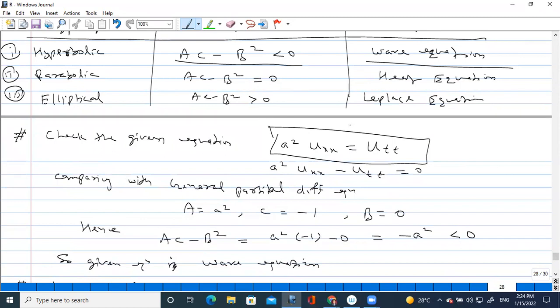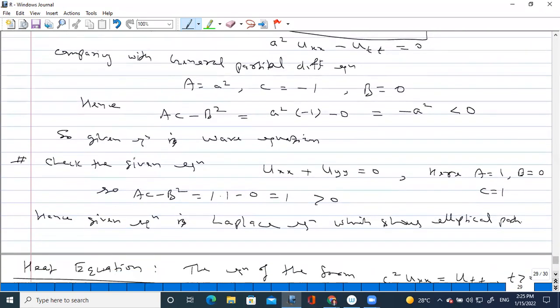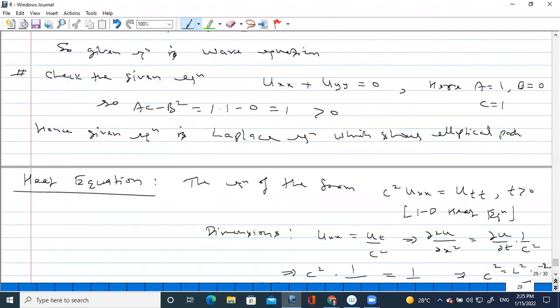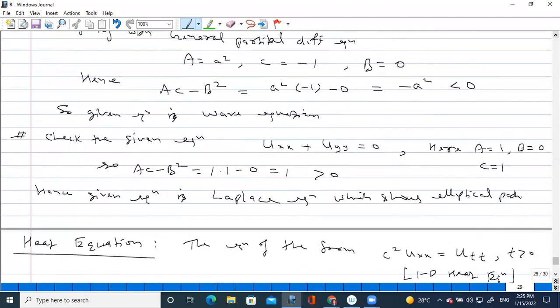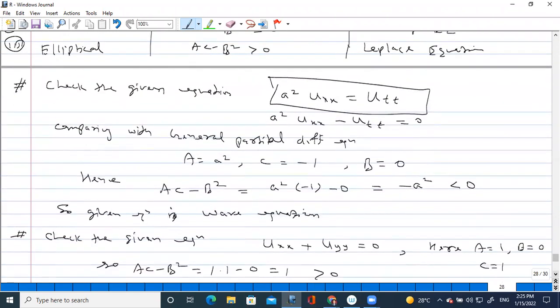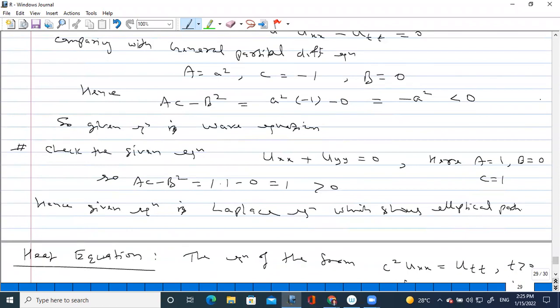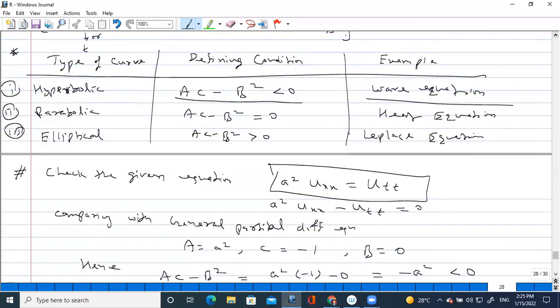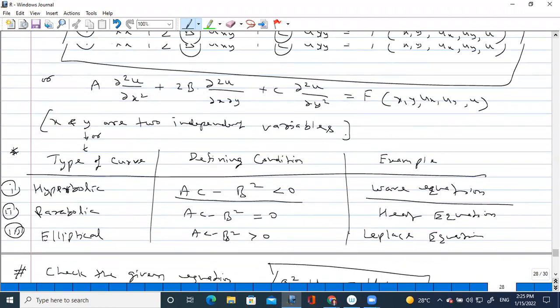AC minus B square. A square UXX equals UTT. This has become a wave equation now. But I want the heat equation. So for the heat equation AC minus B square should be equal to 0. And how can I get B? For B this term should be there.